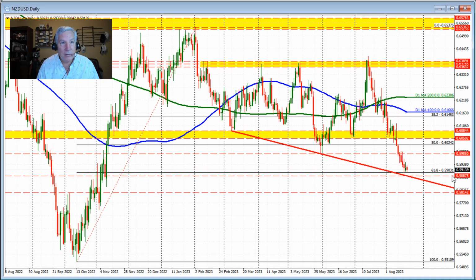That level currently comes near 0.5887, and the 61.8% retracement, which we tested last week and today, is at 0.5903. So that 59 level is a key area for the New Zealand versus US dollar on the downside to get to and through. If we get below that level, then look for 0.5887.